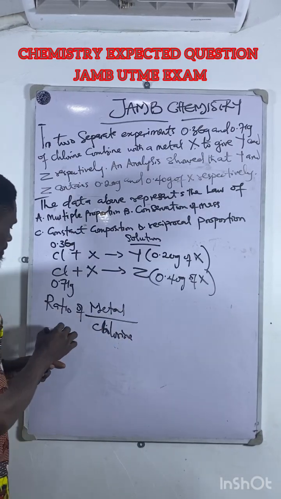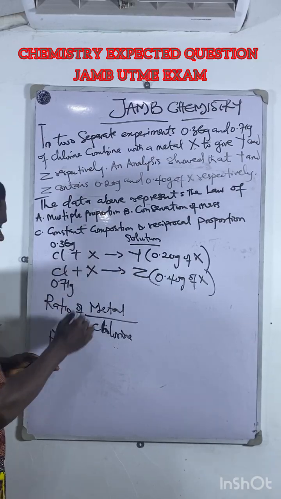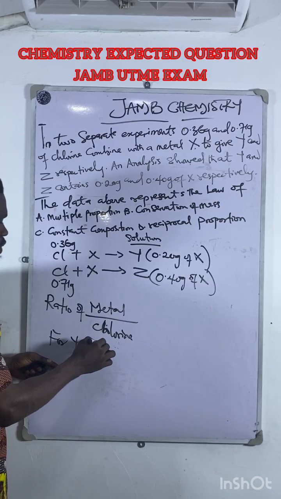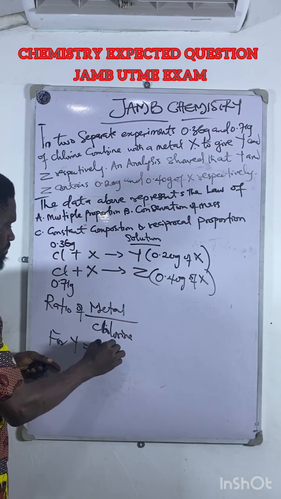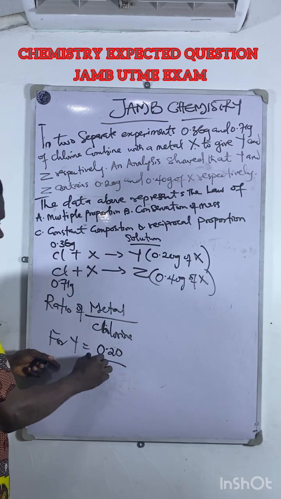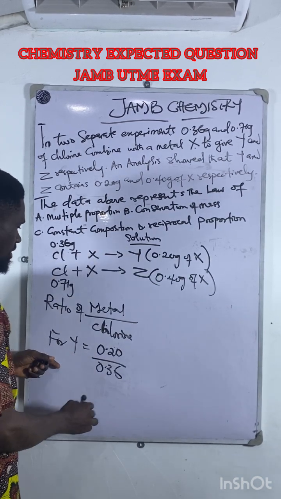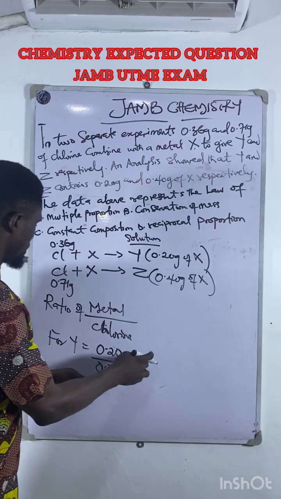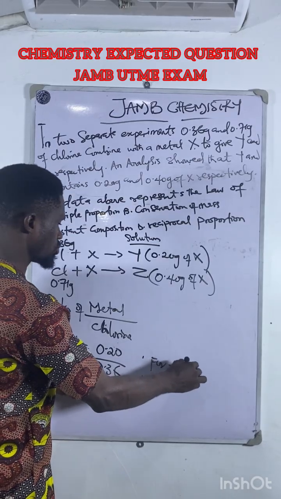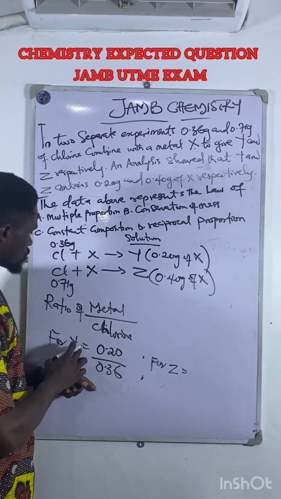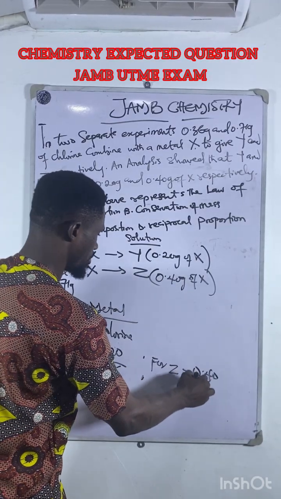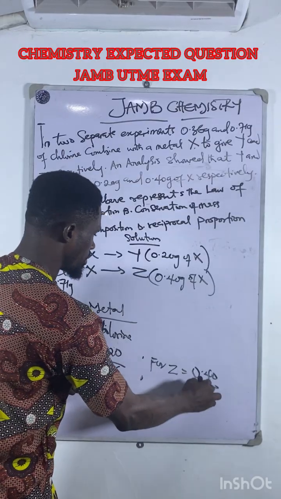For Y, the mass of metal is 0.20 all over the mass of chlorine, which is 0.36. Then for Z, the mass of metal is 0.40 all over the mass of chlorine, 0.71.